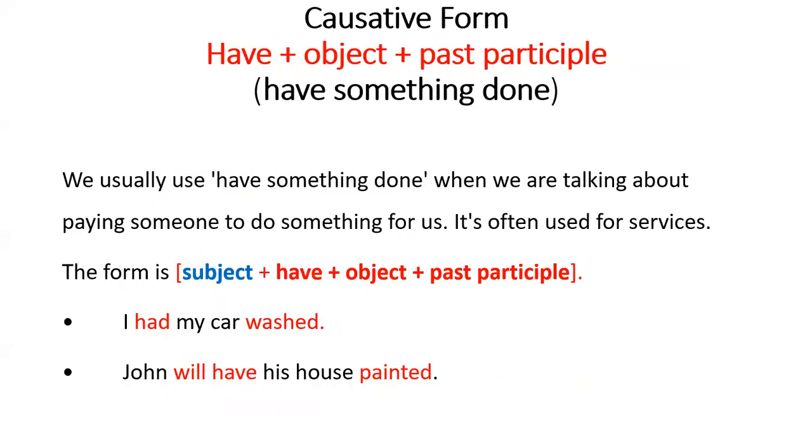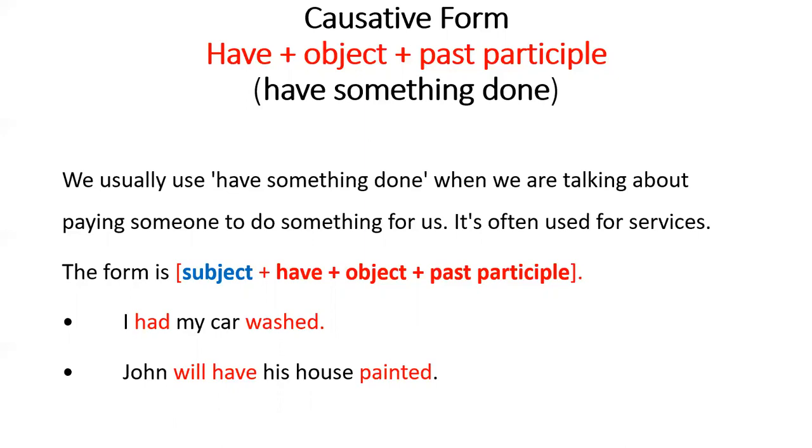Let's look at how we form the causative. The causative is formed by using the verb have, followed by the object, and then we have the past participle. And usually people refer to this as have something done.